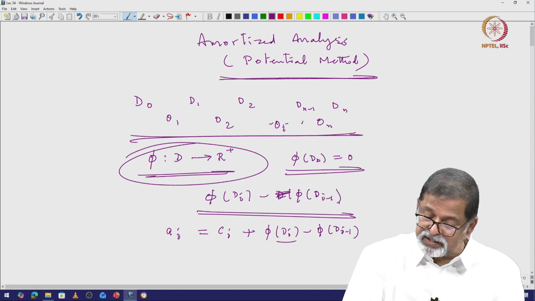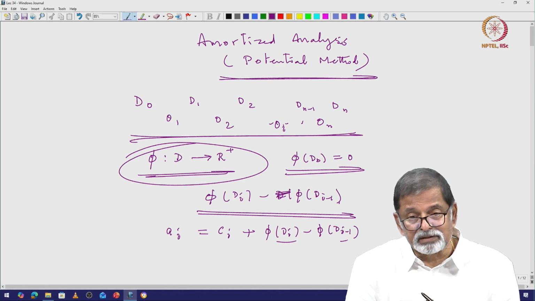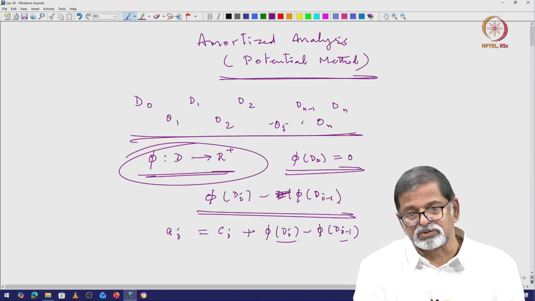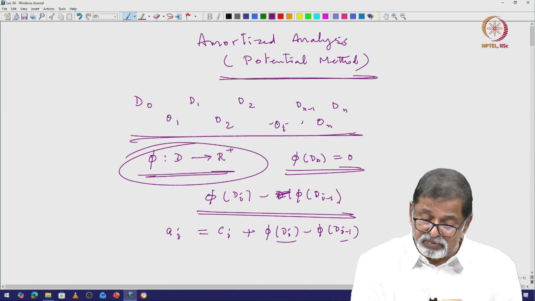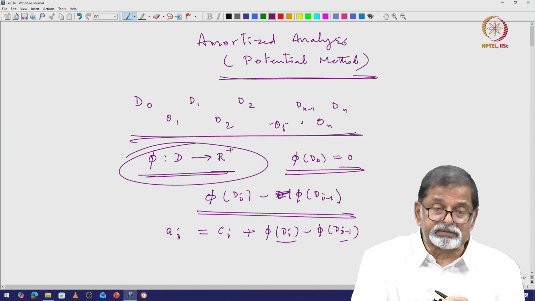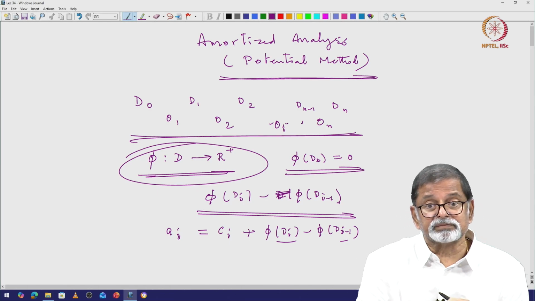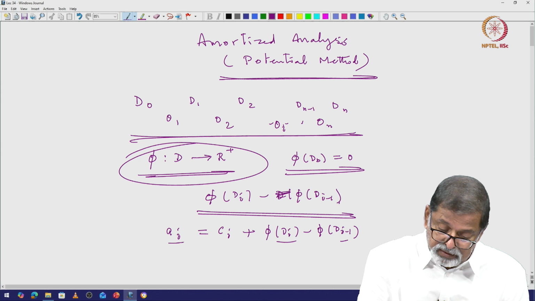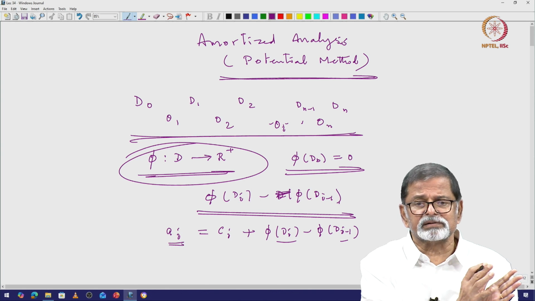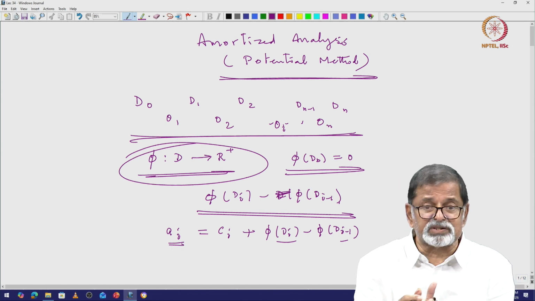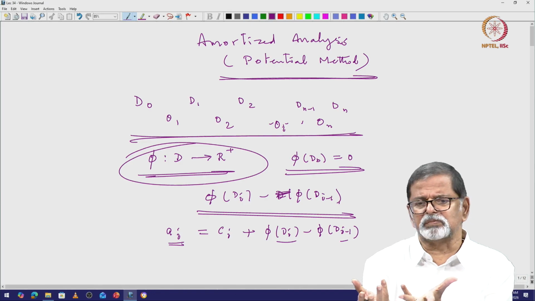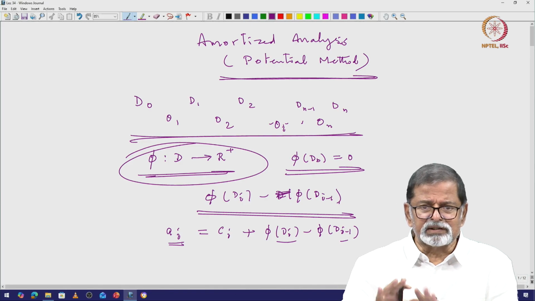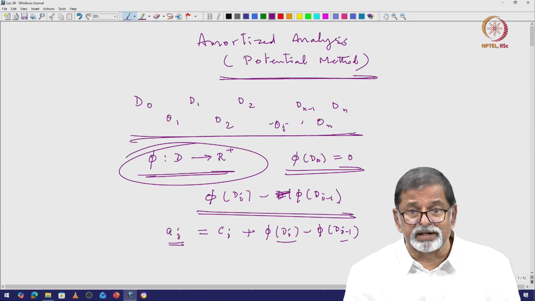A change in the data structure configuration has happened. So, there are some numbers I associate with it, and when I add those to Ci, then I get Ai. So Ai is purely a number that I have obtained from Ci by adding something. It could be a negative number, it could be a positive number, whatever it is, there is a quantity that I have added.